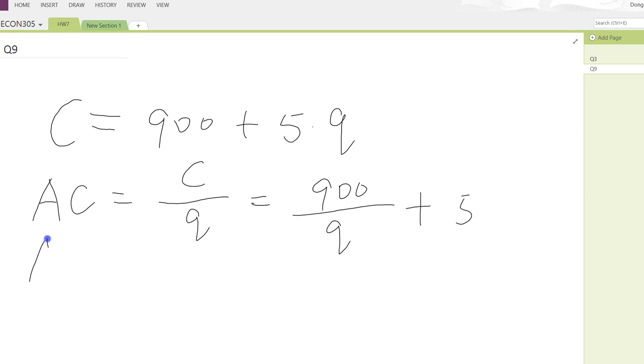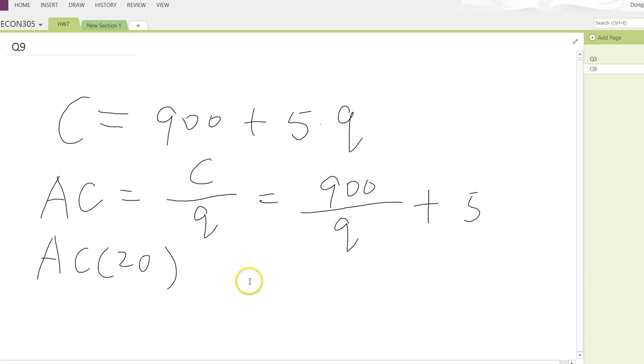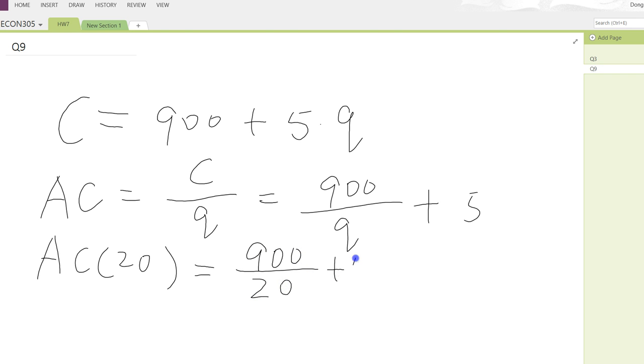So average cost of 20 equals 900 divided by 20 plus 5, and this equals 900 divided by 20, that's 45, plus 5, that's 50.